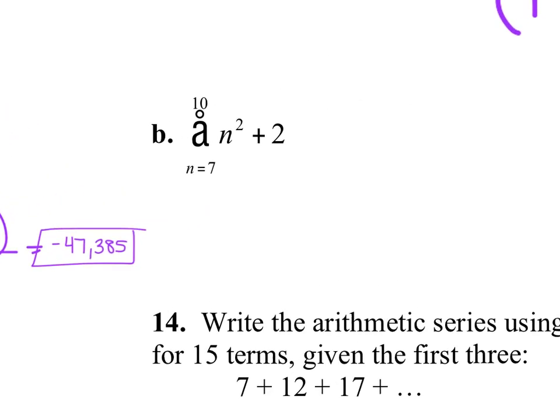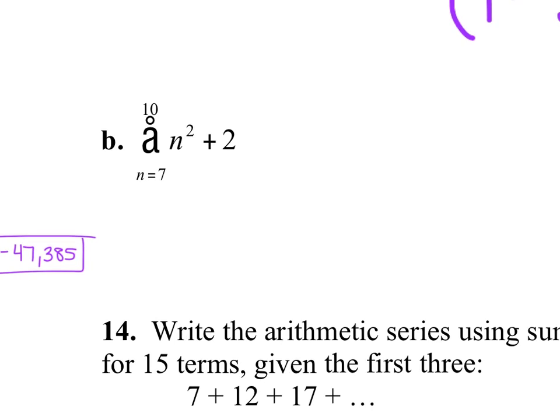Okay, part B. Again, sorry about the ugly picture. I have to go back and mess with that. So n equals 7, this is 10, and this is n squared plus 2. Just ignore that.